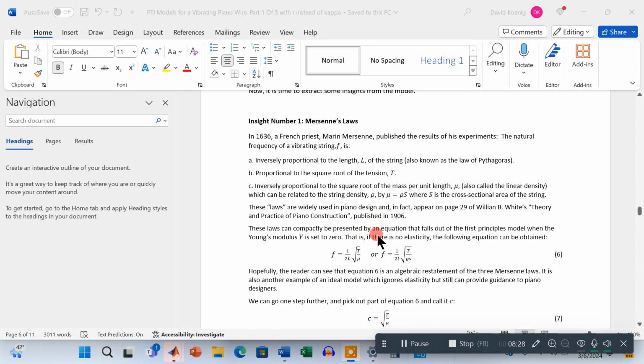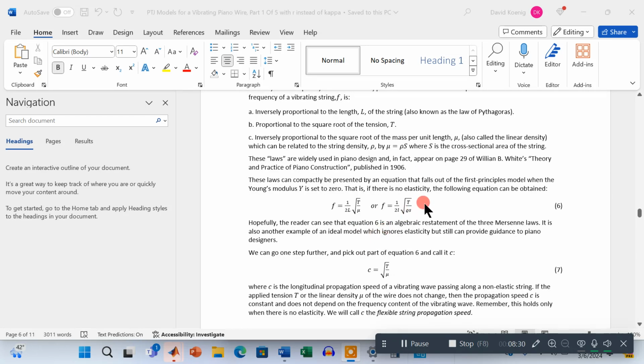Okay, here's the equation down here, equation 6, which says that the frequency f of the vibrating string is equal to the square root of the tension, T, divided by the linear density, mu, which has units of kilograms per meter, and it's all divided by 2 times the length of the string.